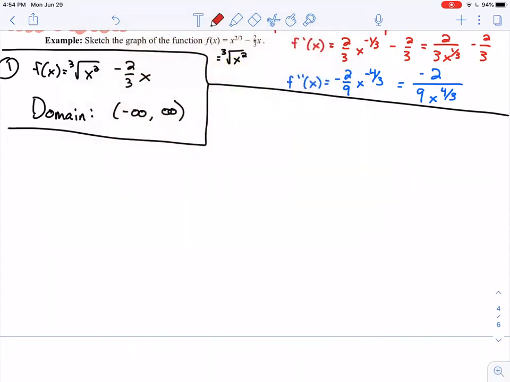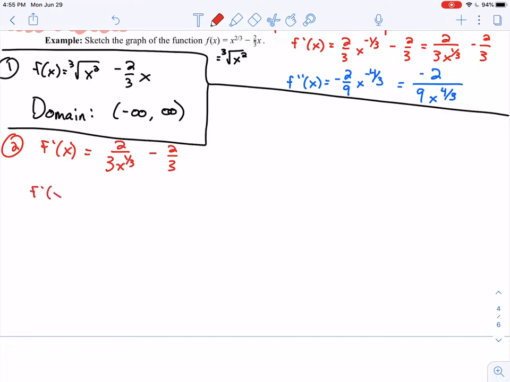Let's start with our first derivative. So f prime of x, I'm going to write this as 2/3 x to the 1/3 minus 2/3 here. And I want to think about places where my derivative is 0 and places where my derivative is undefined because I'm trying to find critical numbers.